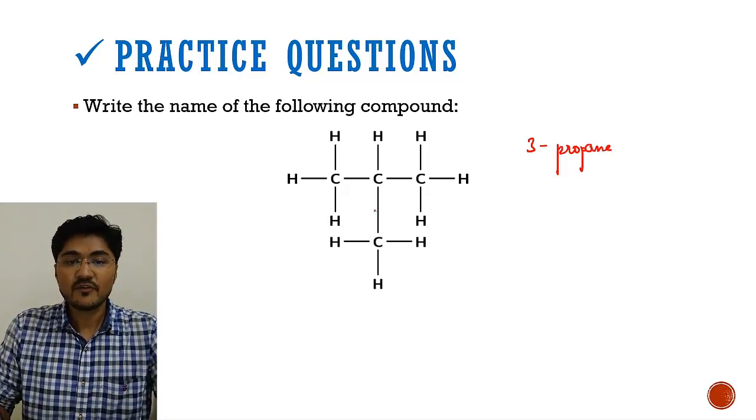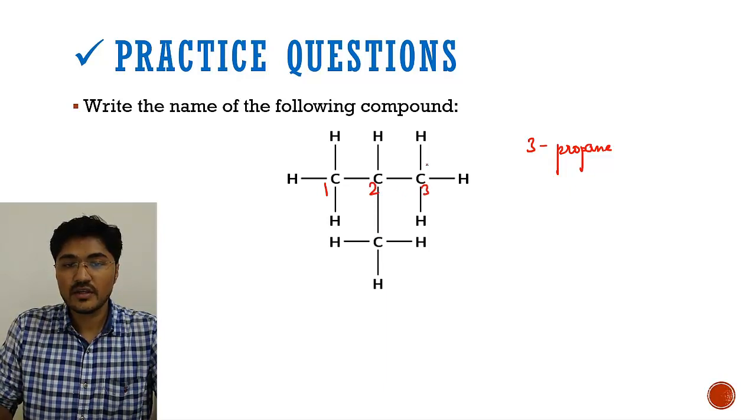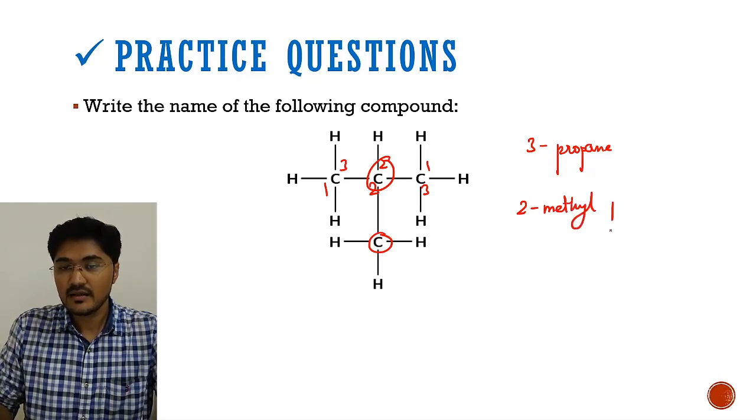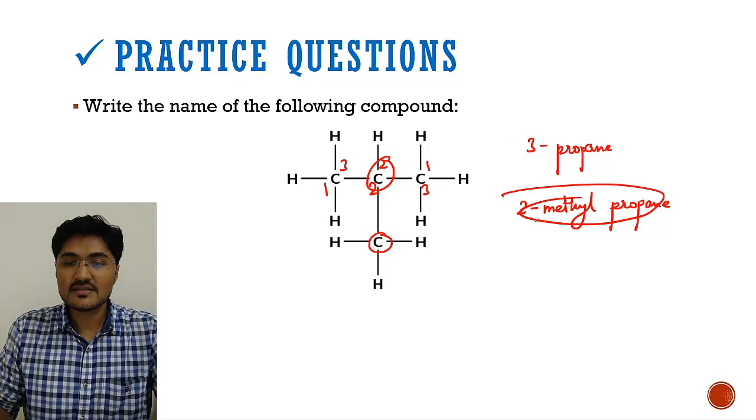And here we have to give the number to the branch, that is 1, 2, 3 or 1, 2, 3. By default the number comes out to be 2, and hence we say 2-methyl propane. The final answer is 2-methyl propane.